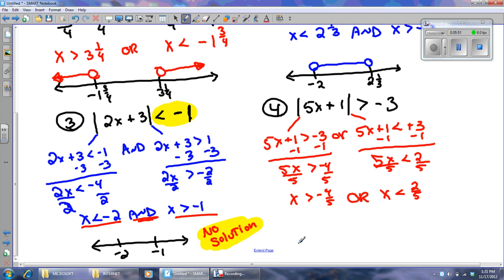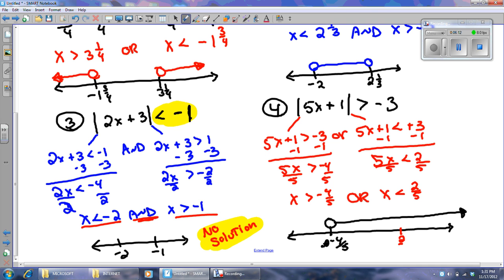Now, are there numbers that are greater than negative 4/5? Of course there are. Negative 4/5. Those numbers would all be this way, wouldn't they? And are there numbers less than 2/5?